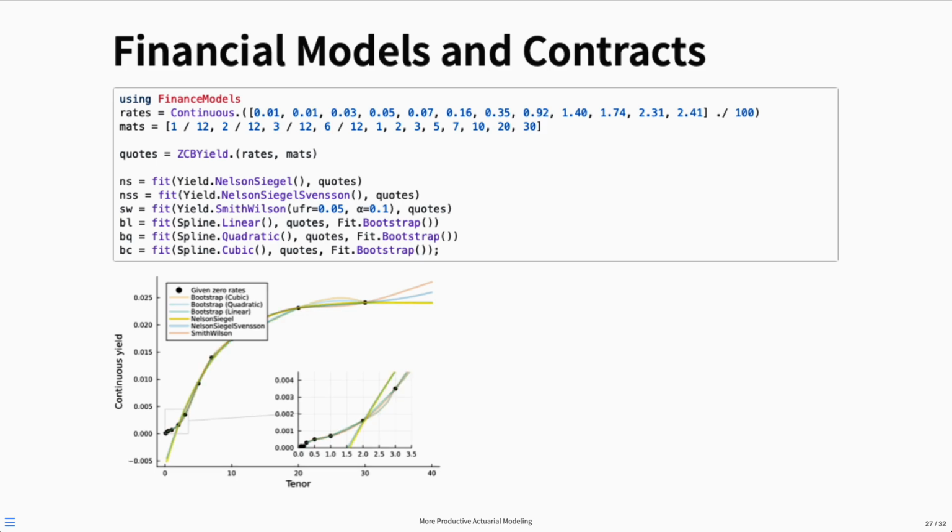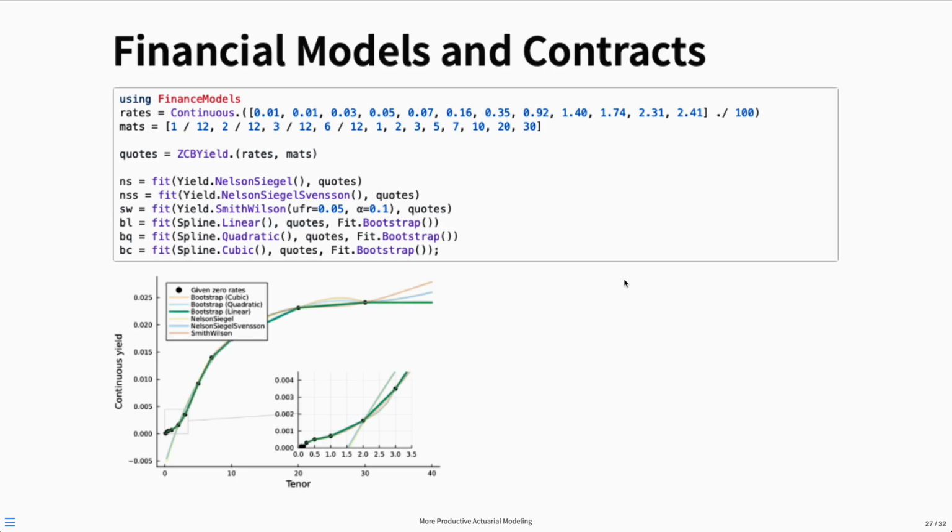rates. The second thing that's going on here is that we're combining the rates with the maturities to define a set of contracts that are zero coupon bond yield. They're actually defining a set of fixed income contracts which have an associated price implied by the yields, and we use those quotes on those contracts to fit different yield curve methodologies.